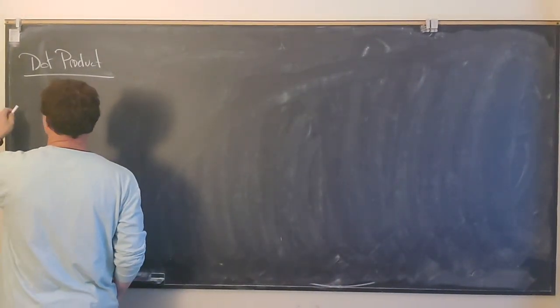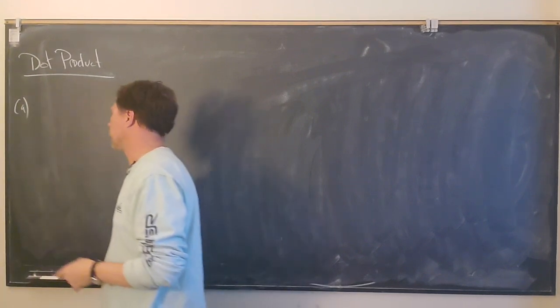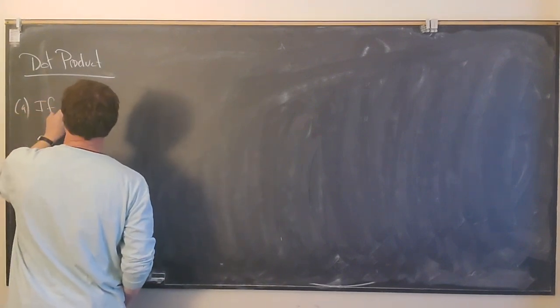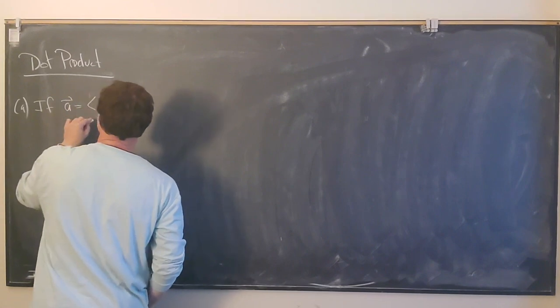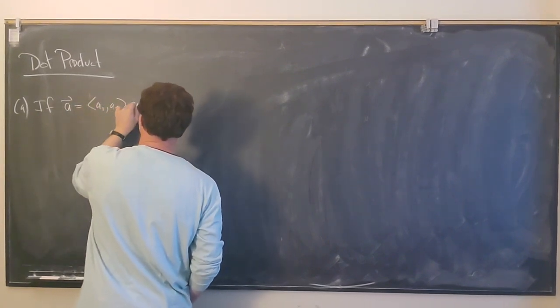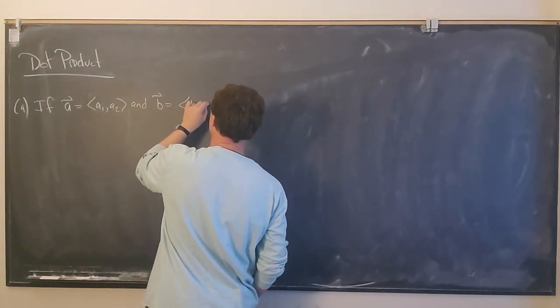So let's just write it down. There's a two-dimensional version and a three-dimensional version. Let's say we have the vector A, which is A1 comma A2, and B is the vector B1 comma B2.